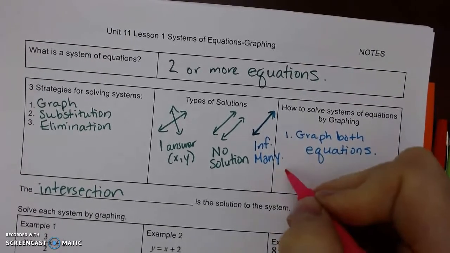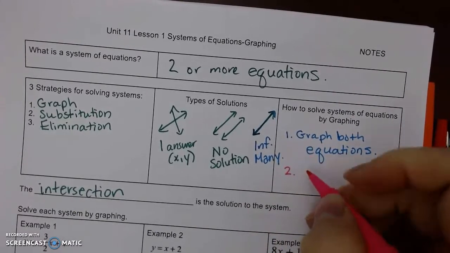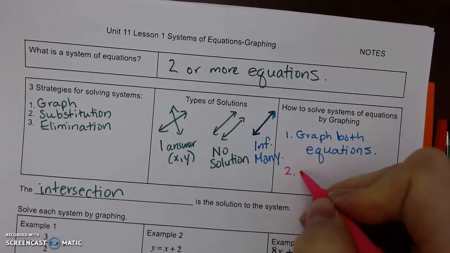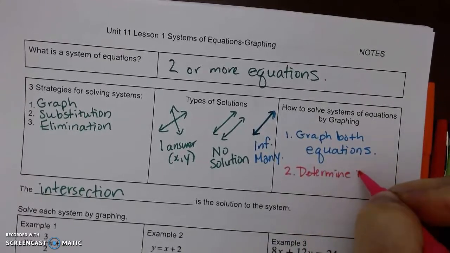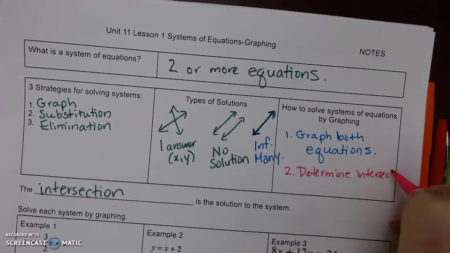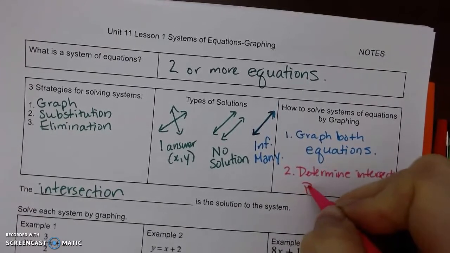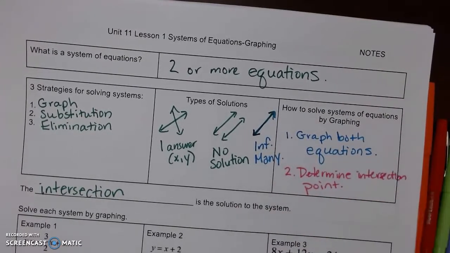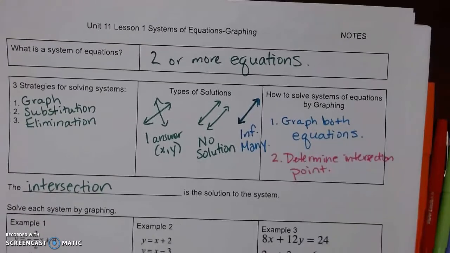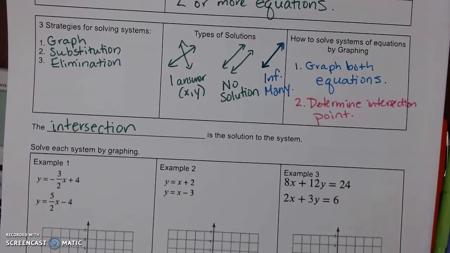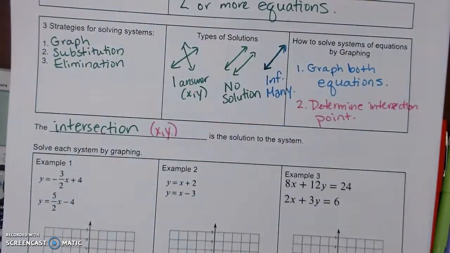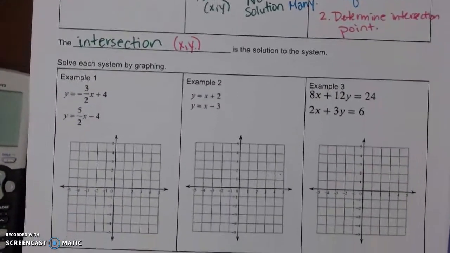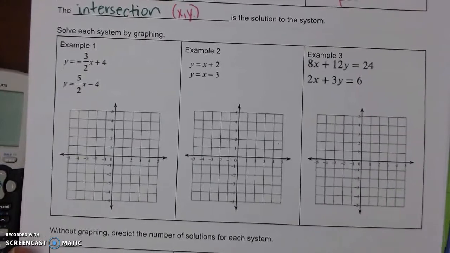So number two is you're going to look at the graph and you're going to determine where the graphs intersect. All right, and that's your answer. So, since it is the intersection, if they intersect, remember we do need our answer as an ordered pair. So when you graph, you want to be pretty accurate.